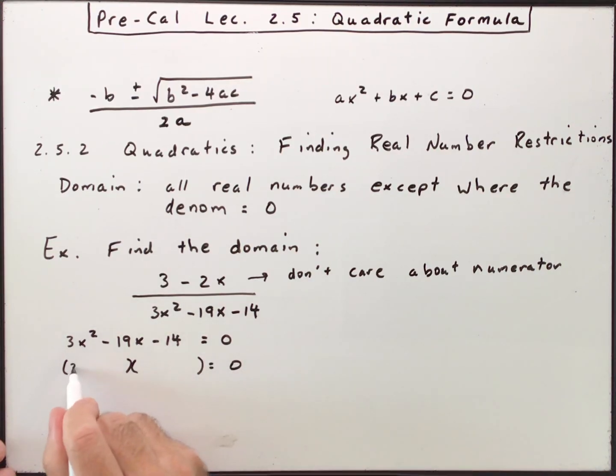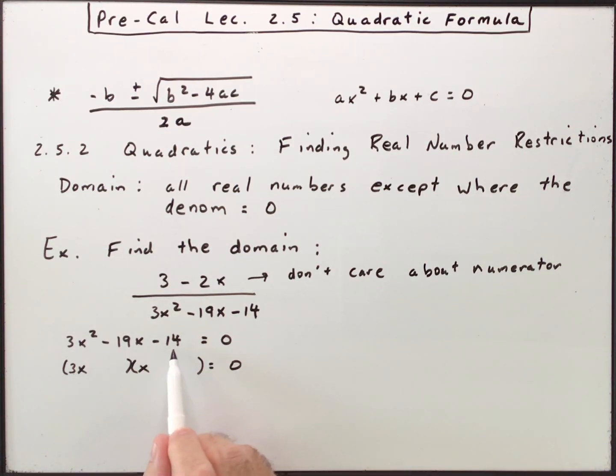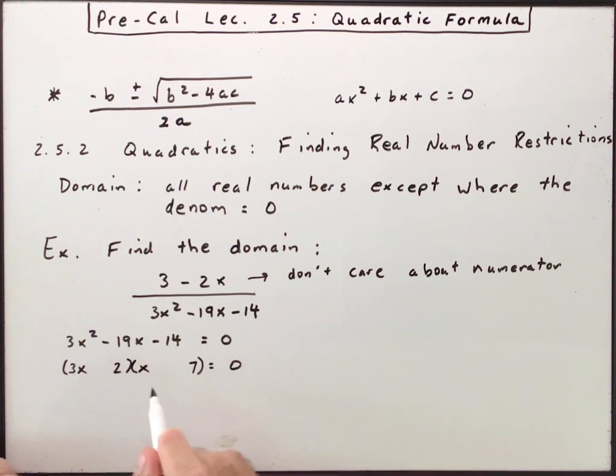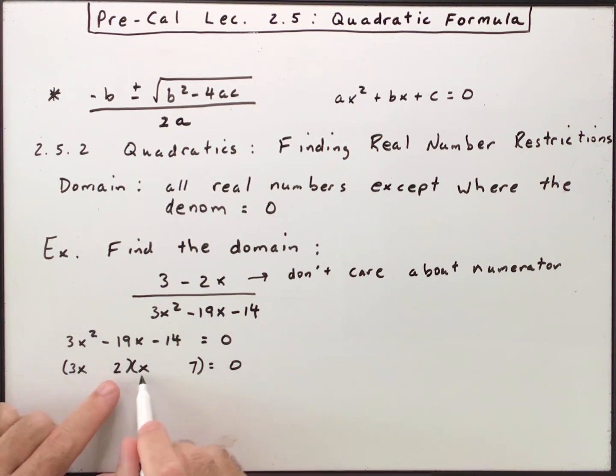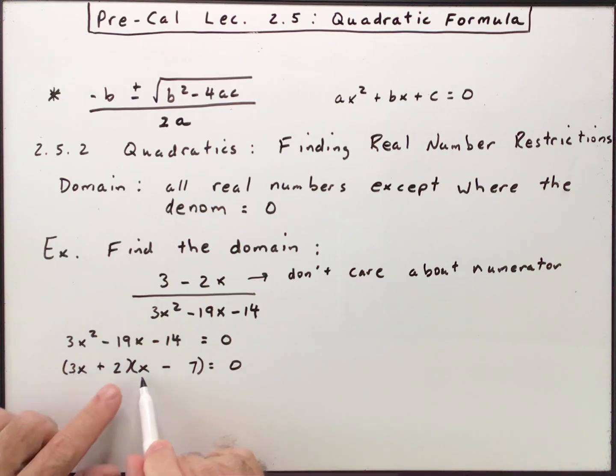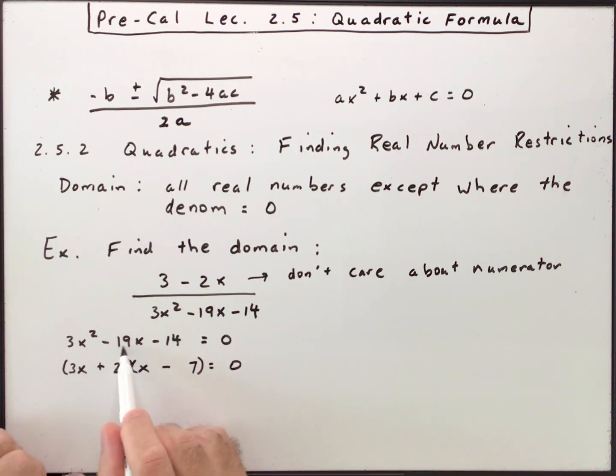Because this first number is 3x and x, a prime number. 14 is going to be 14 and 1, or it's going to be 7 times 2. And I know that if I have a 7 over here, I've got 21. And if I've got a 2 here in the middle, I can do 21 and 2 and get a 19 out of that. So how about plus minus? That'd be 3x squared plus 2x minus 21.